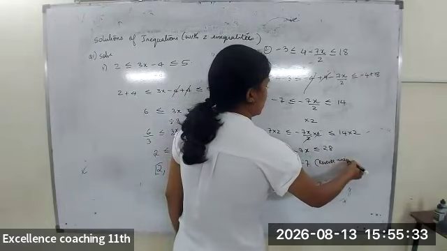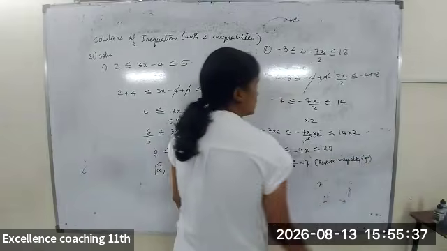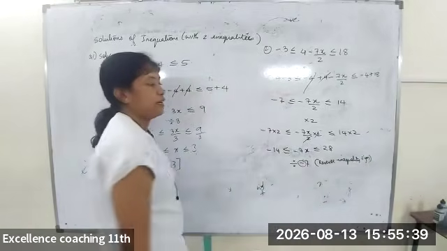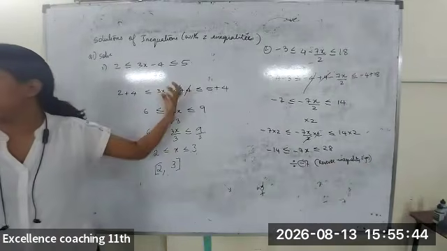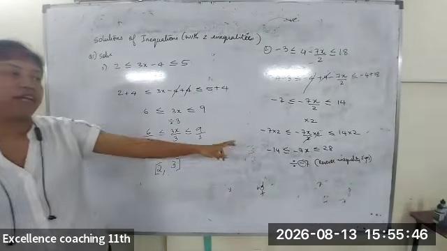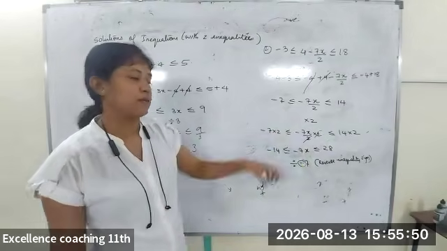Reverse inequality sign. Both the sides. Now both the signs will change. Why? Because we are dividing by negative. Here we divided by positive, so there was no change in that. Only when we are dividing by a negative number or multiplying by a negative number, you have to make this opposite.